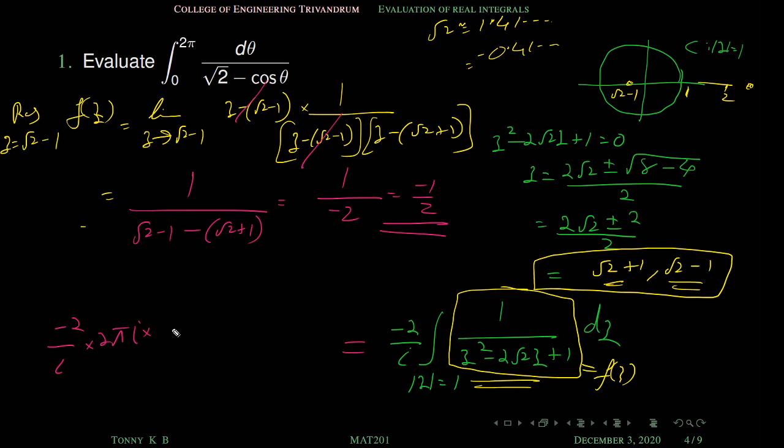Minus 1 by 2. So this is equal to minus 1 by 2. Okay, so we can cancel these 2 and this 2 by I, so we can cancel this I, and the remaining, this minus is plus, so ultimately this is equal to 2 pi. So this integral is 2 pi.